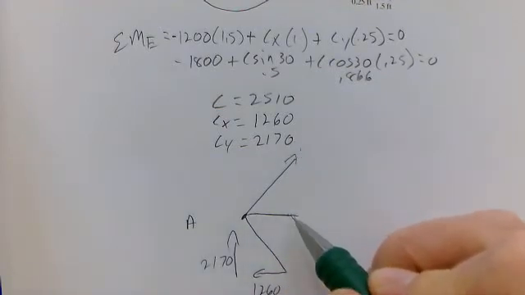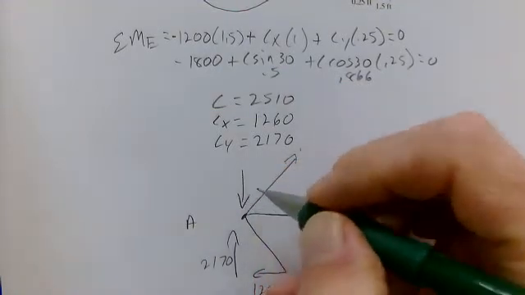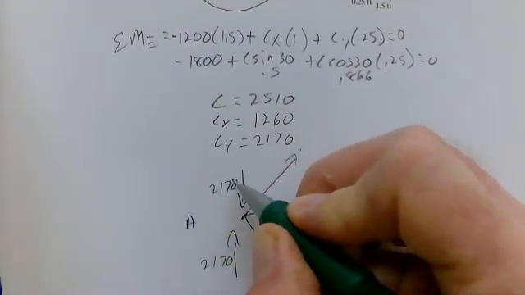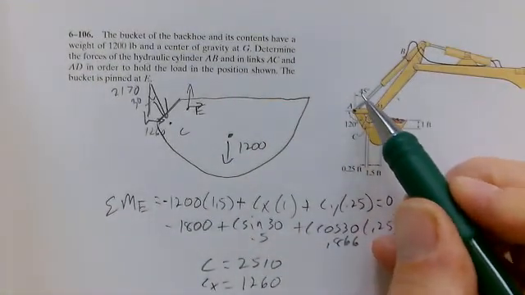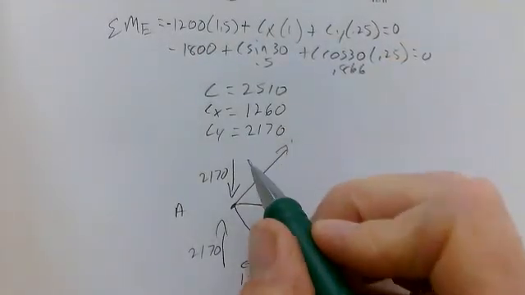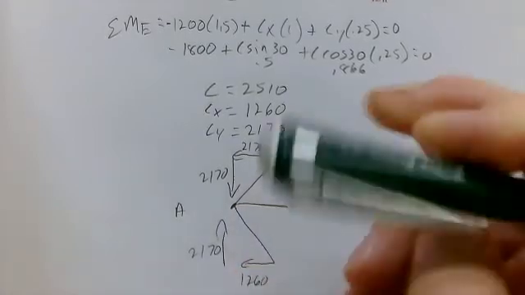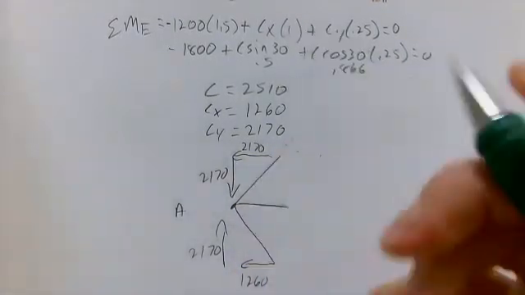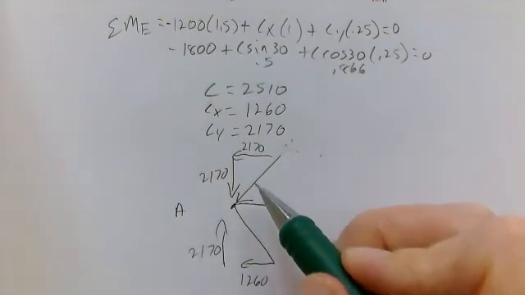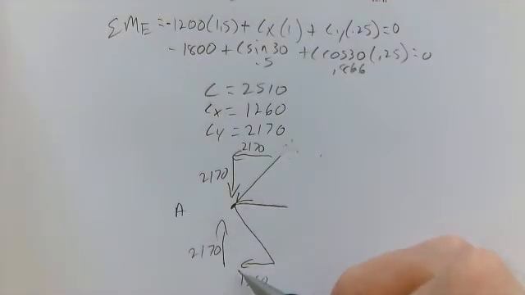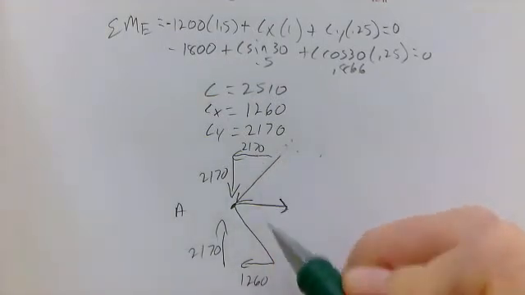This has no vertical. This has a vertical and a horizontal. So this has a vertical down, so this up, so this must have a vertical down of 2170. And if we look up here, this is a 45-degree angle. So therefore, the horizontal and the vertical are going to be the same amount. And clearly I put this in the wrong direction. It's going this way. Now, we have a horizontal there and a horizontal there, so this one must be going opposite, equal to those two.